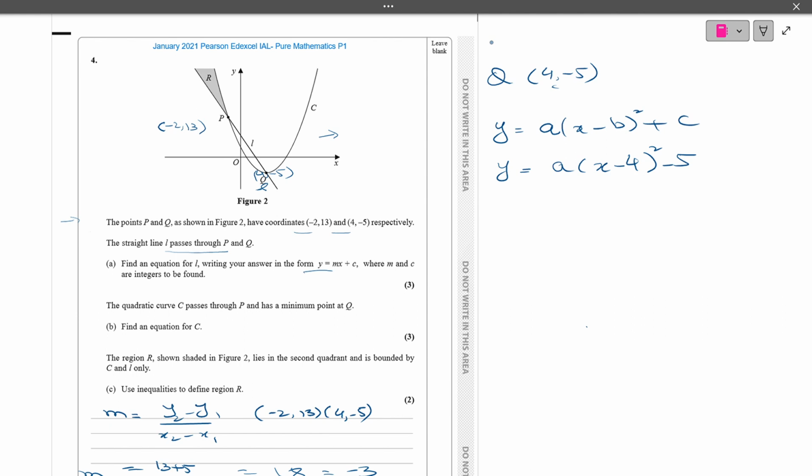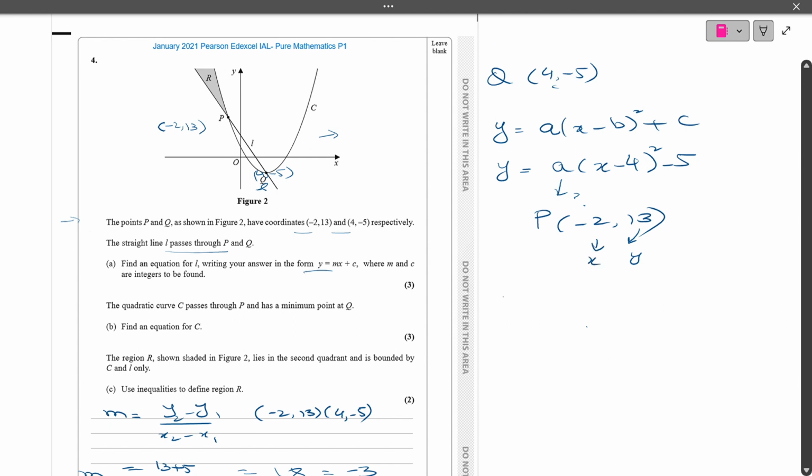This is the quadratic equation, but I still need to find out what a is. I know that the point P lies on the curve, so I can use this point to find a. Replace y with 13 equals a times x, which is -2, minus 4, and minus 5.